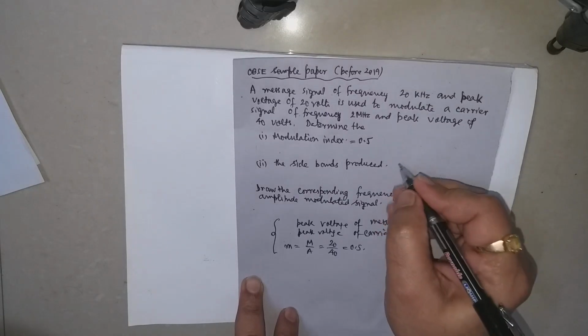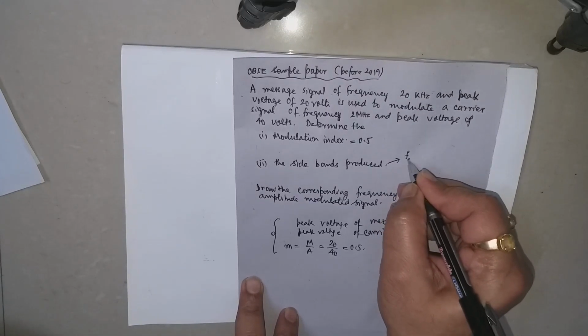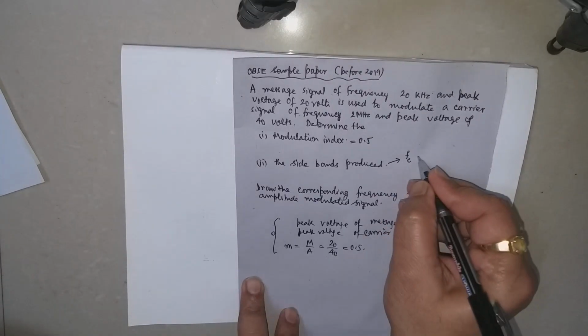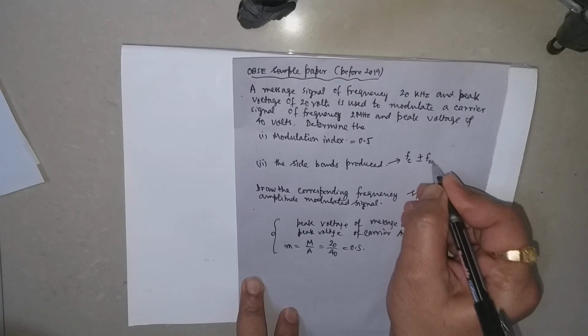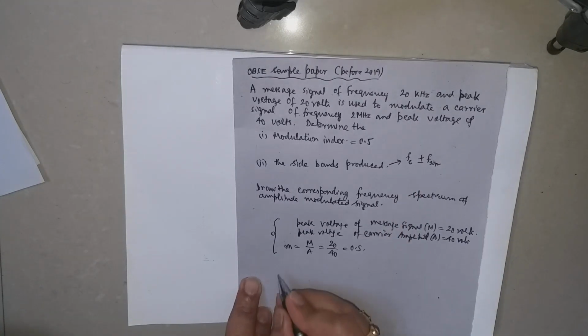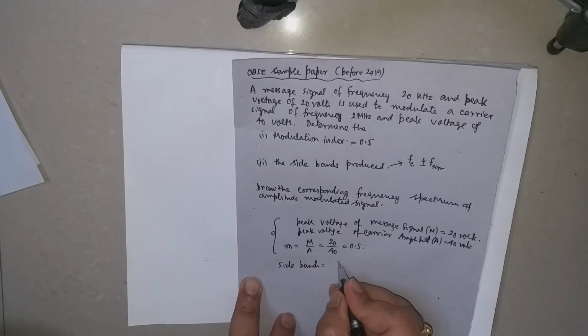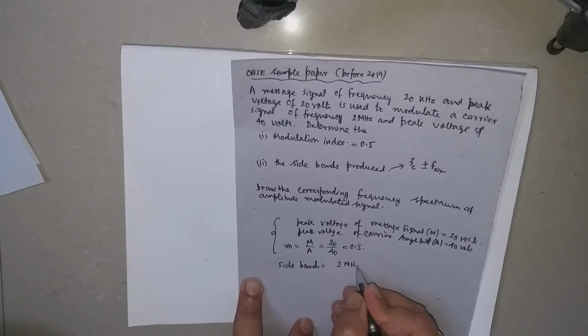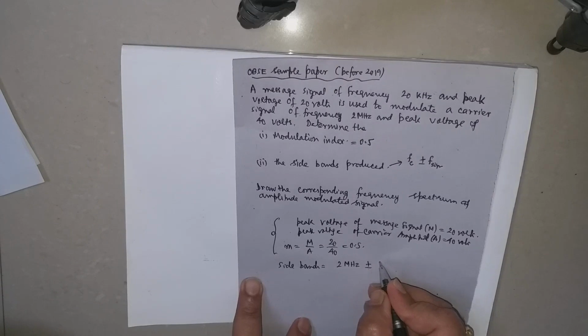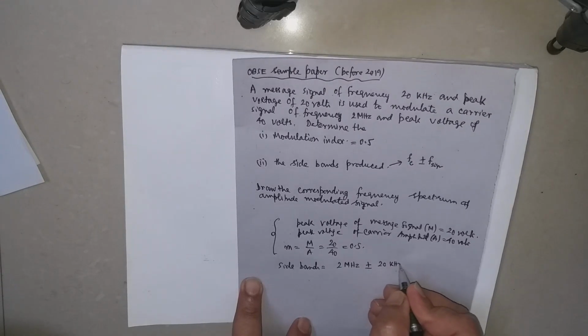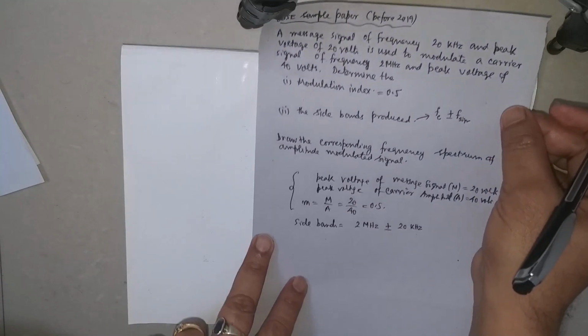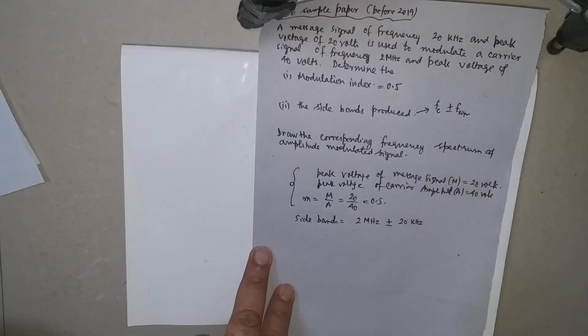The side bands produced are the frequency of the carrier wave plus or minus the frequency of the signal wave. Now the side bands: the frequency of the carrier wave is 2 megahertz plus or minus 20 kilohertz, which is the frequency of this signal.